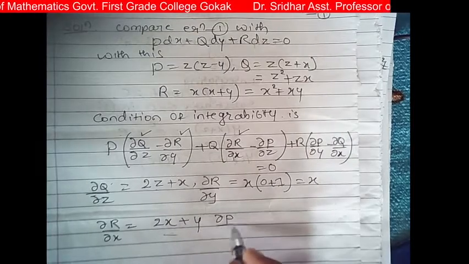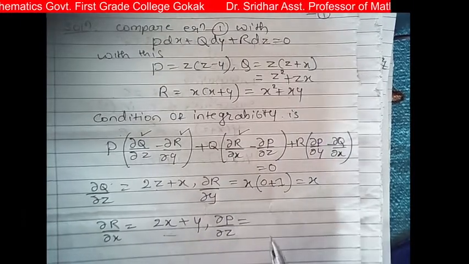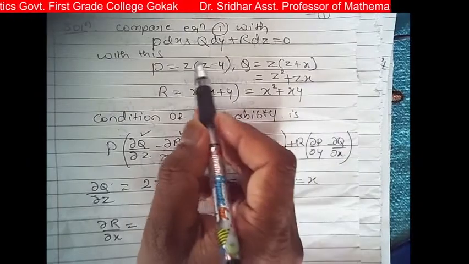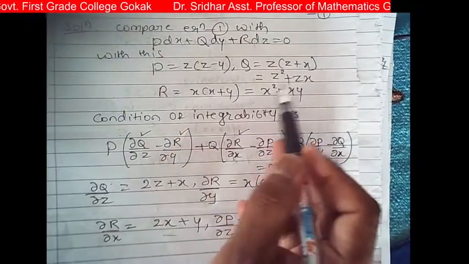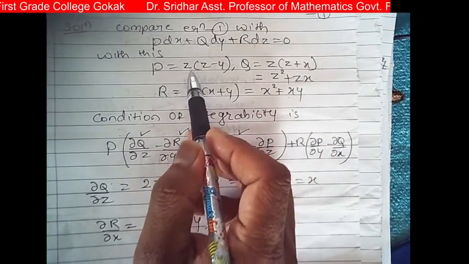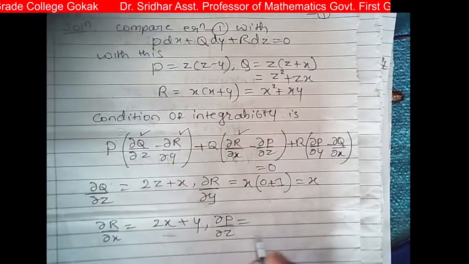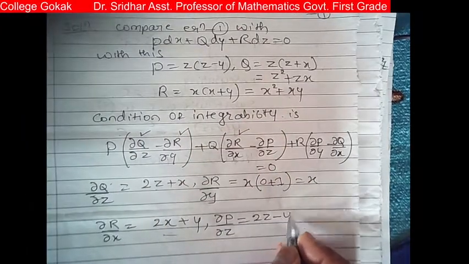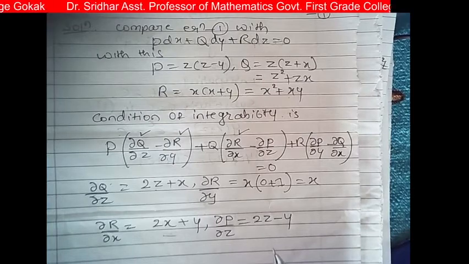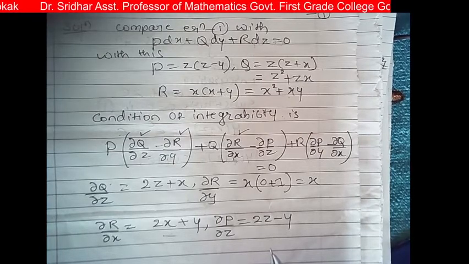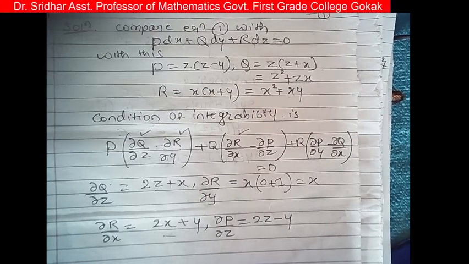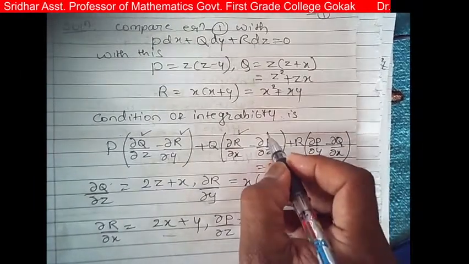So dou P by dou z is equal to, here it is P. Again like this, multiply this first. So z square minus zy, so it is 2z minus y you will get. So this is dou P by dou z.